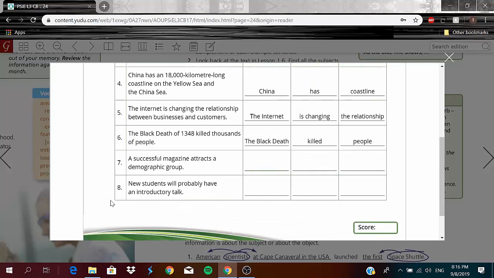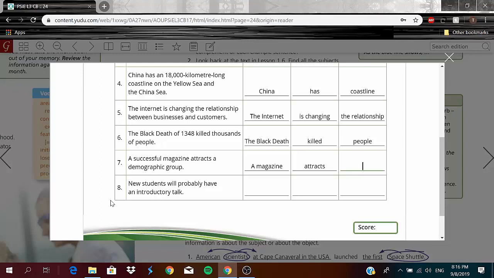A successful magazine attracts a demographic group. What do you guys think? Subject will be, that's right, a magazine. And for a verb, we'll say attracts, right?